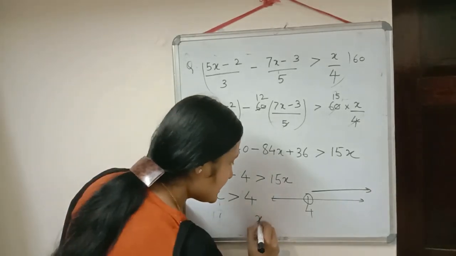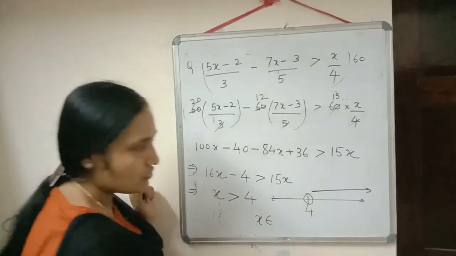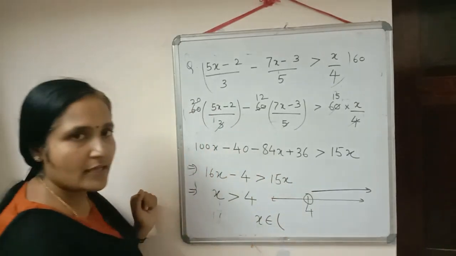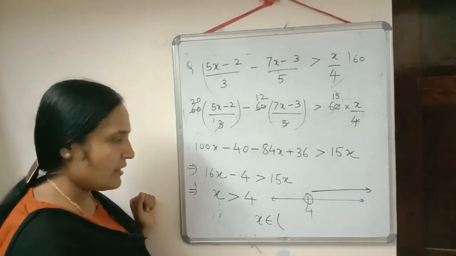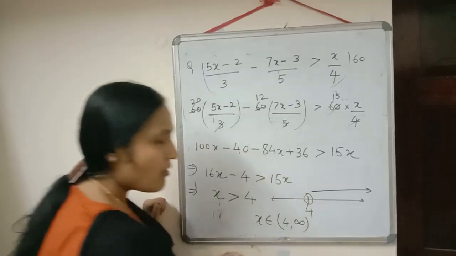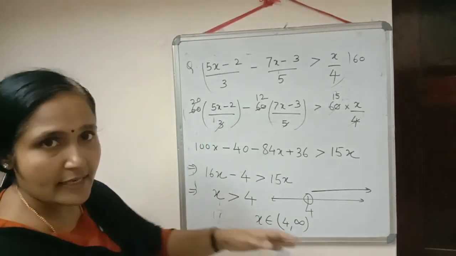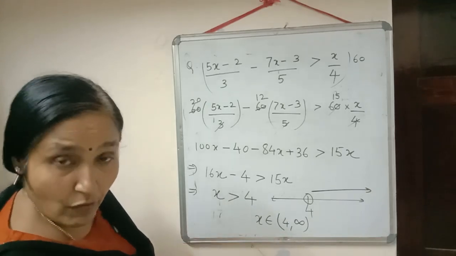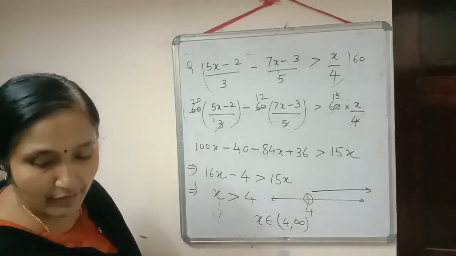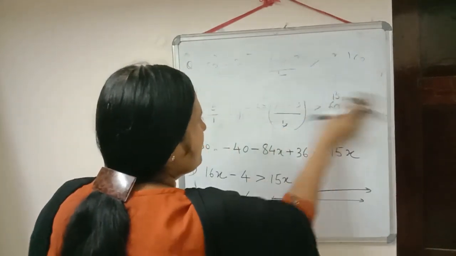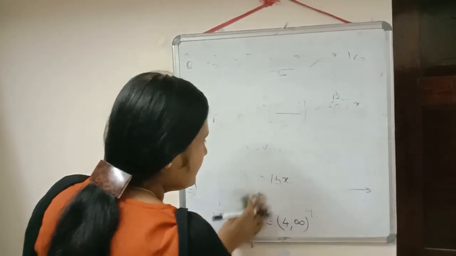So this is the real solution. x belongs to, since the equal to sign is not there, an open interval will come, 4 to infinity. x will take all the values which are greater than 4 except 4. Okay, x will take 4.1 but it will not take the value 4. Okay, now all of you write down the next question.